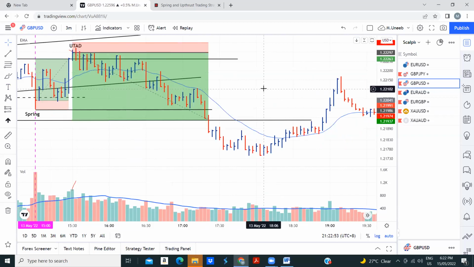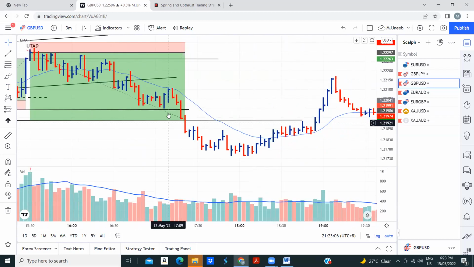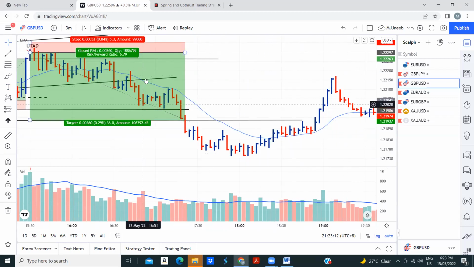And as I told you sometimes, right? Now, if you remember the EUR/USD example, when the price hit the overnight session low, it reversed, right? But now we hit and break through this overnight session low, and then later on we reversed. Now, how can you define this?